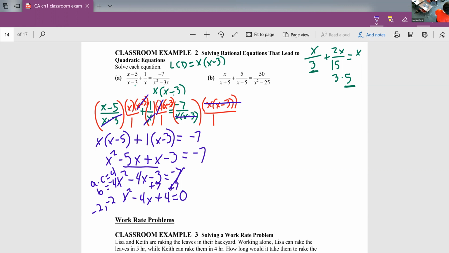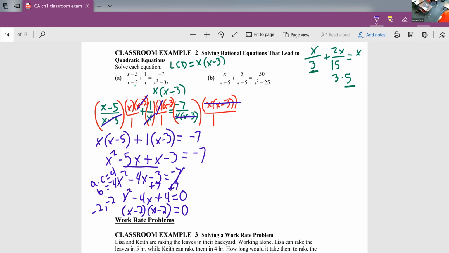If you don't know the shortcut and you need to go back, plug in for the B and do the factoring by grouping like we did on the board a minute ago, do that. But I hope we're at a point you can trust me that this is going to turn into x minus 2 times x minus 2. And if I wanted to be sure I actually did that right, what could I do to check it? FOIL, right? Or use the box.